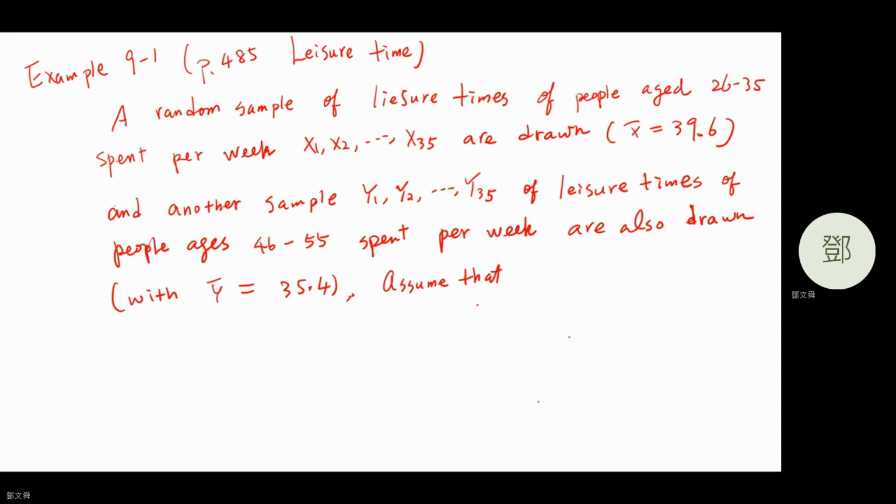Assume that sigma 1 equal 6.3, and sigma 2, the second group, equal 5.8. Alpha equal 0.05.